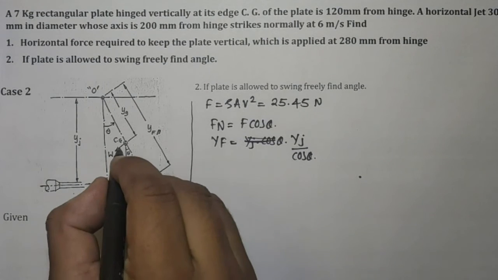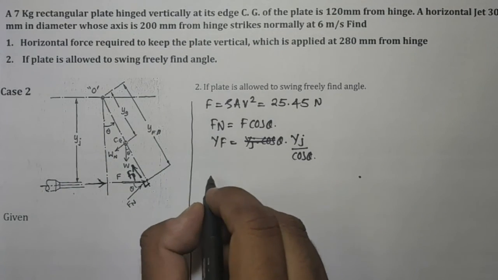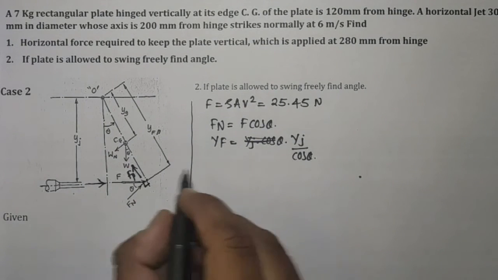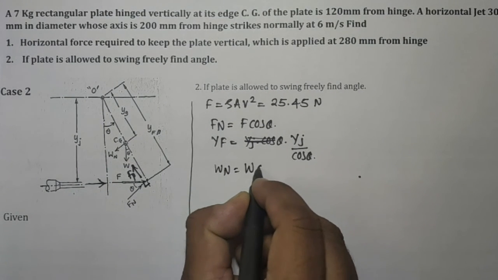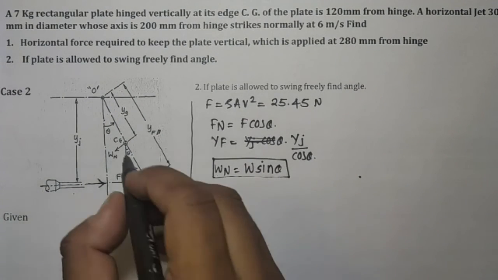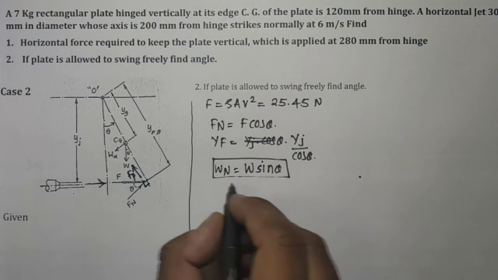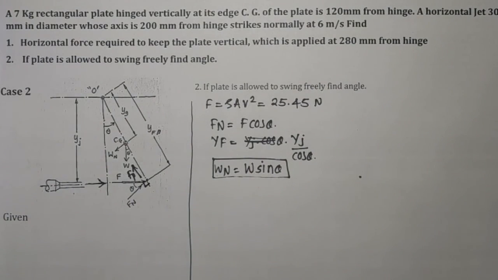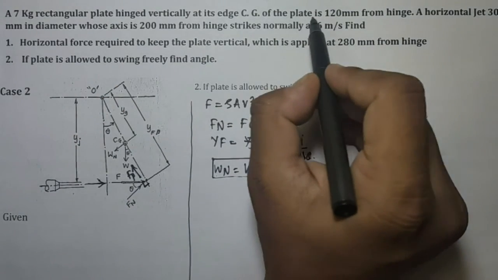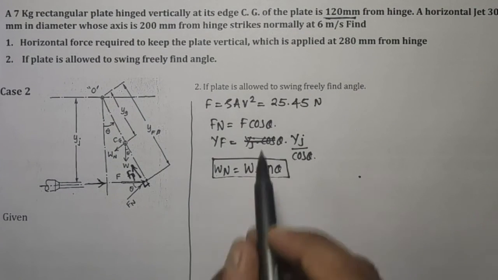So the balancing force is Wn equal to W sin theta. From this diagram we can directly write that Wn is the normal component and W is the self weight. Wn is located at Yg, which is the location of the CG of the plate, 120 mm from the hinged support.